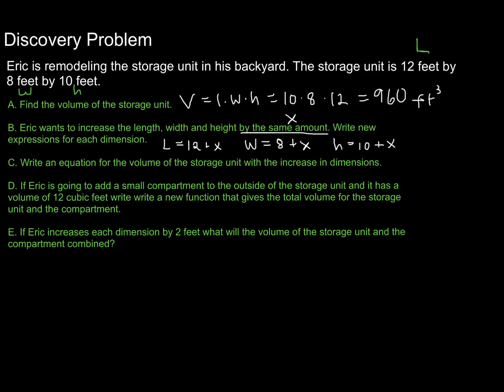To write this equation, it will be an equation for the volume, and the volume will be equal to the length, which is 12 plus x, times the width, which is 8 plus x, times the height, which is 10 plus x.